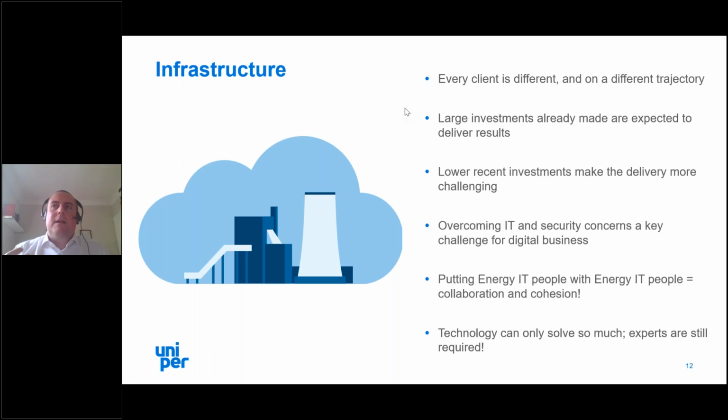So overcoming IT and security concerns is also key. We work in very different times to where we did maybe 10, 15 years ago. Data security, the amount of data we use, it's really important that it's kept secure. A lot of people are quite apprehensive about employing digital solutions, especially on power stations, because in most cases these are considered national infrastructure.